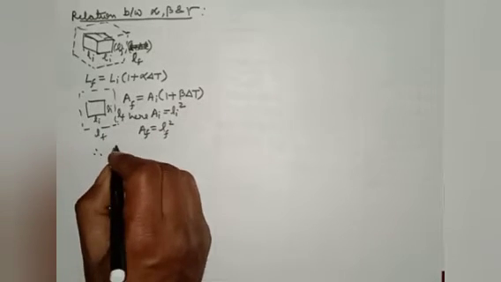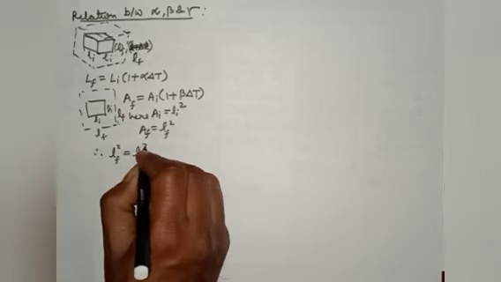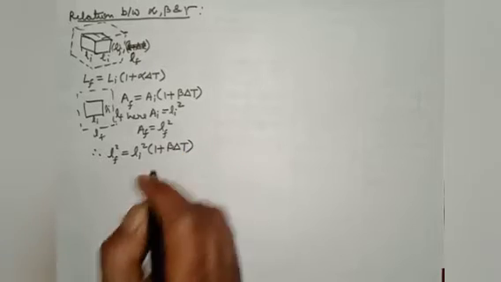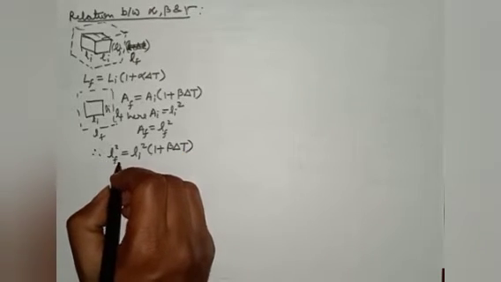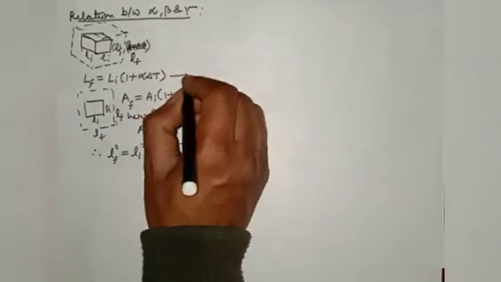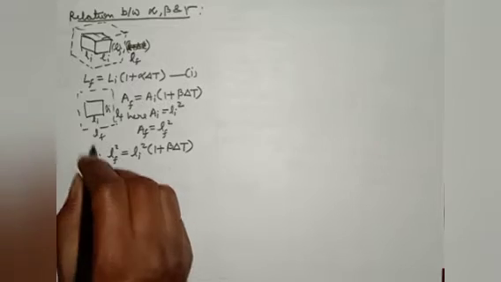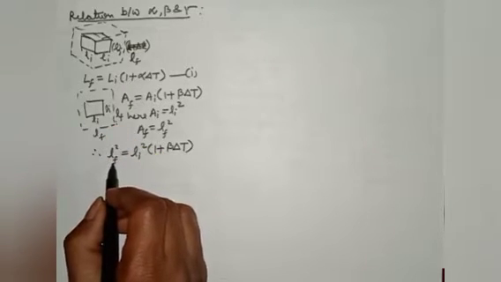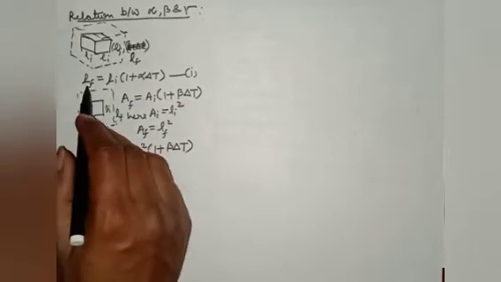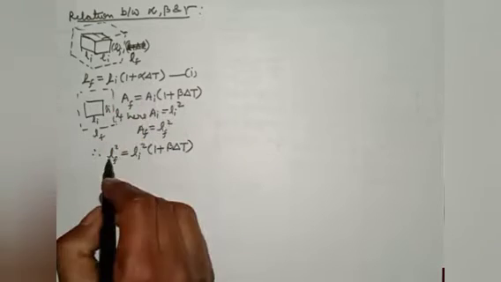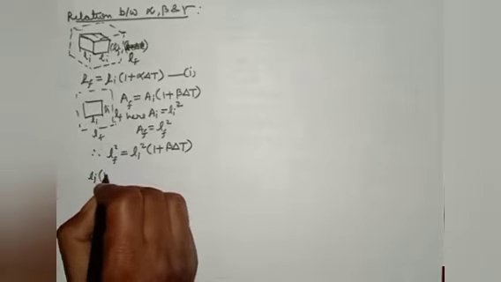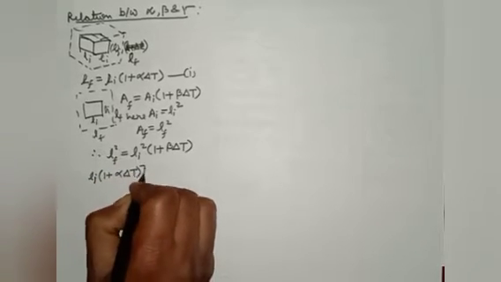Therefore, Lf squared is equal to Li squared (1 plus beta delta T). One more thing we can do: I'm writing this equation 1. So Lf is this one. Somewhere we have to use similar symbols, so I'm making them small letters. Now Lf is this much, so putting this value here, it becomes Li (1 plus alpha delta T) squared.